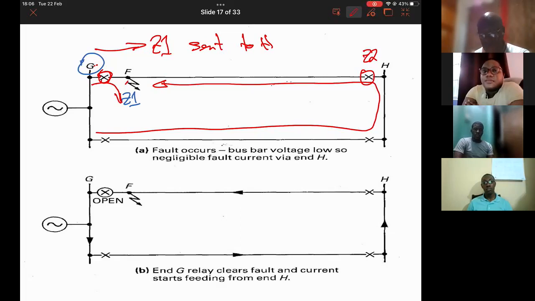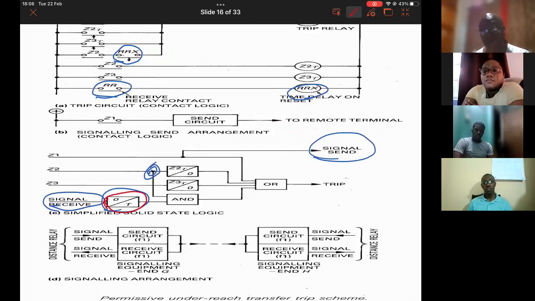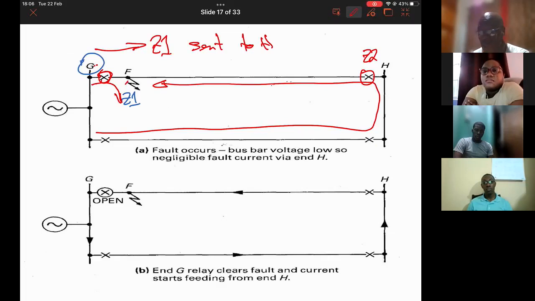However, if you delay the signal at H, if you hold it at H for a time T, when the zone 2 operates, know that the contribution from H would increase because you have cut off the contribution from G into the fault. You would now have an increase from H. Can we see that?